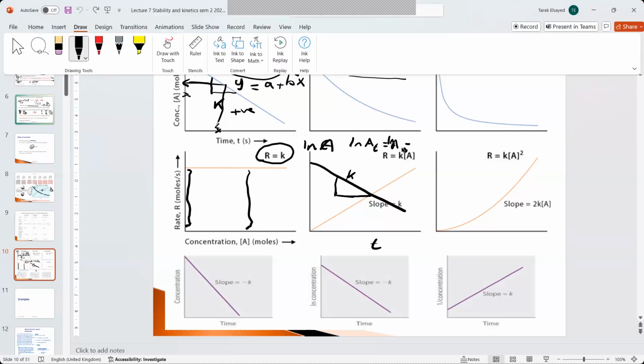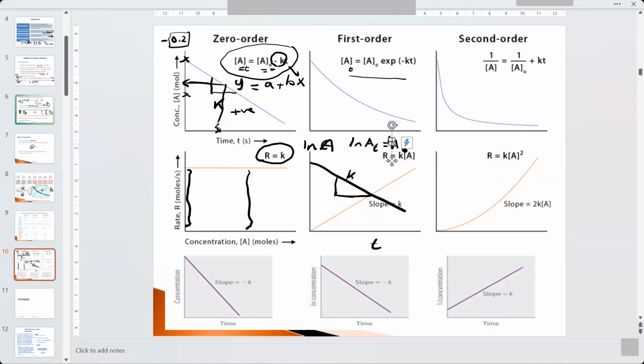So how far is it? It depends on the concentration raised to the power 1 because it is a first order reaction. So the reaction rate is equal to the concentration times the reaction rate constant, K.